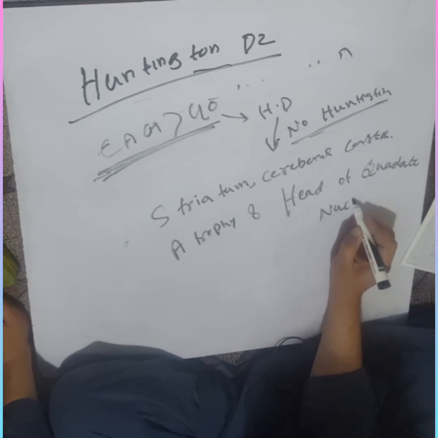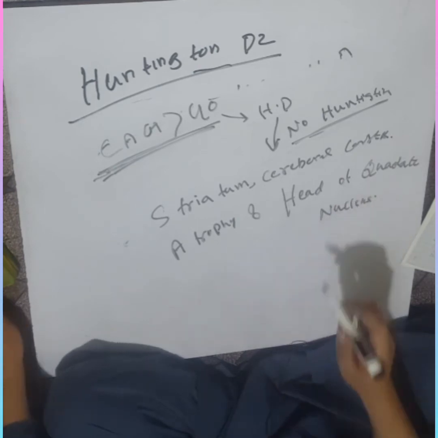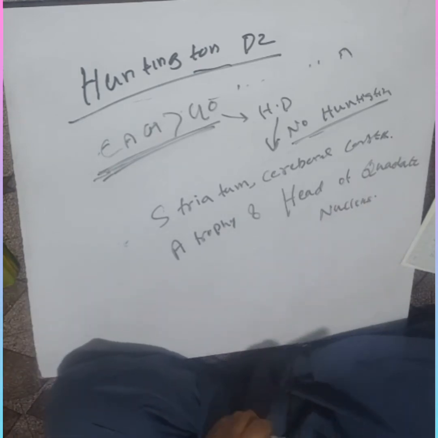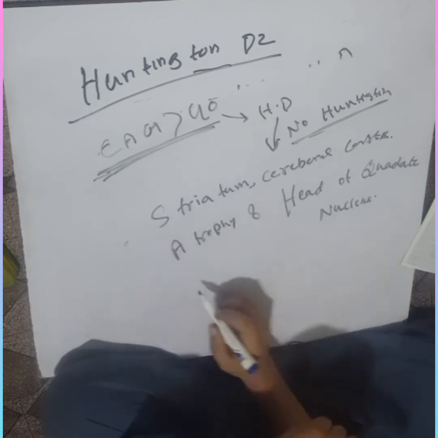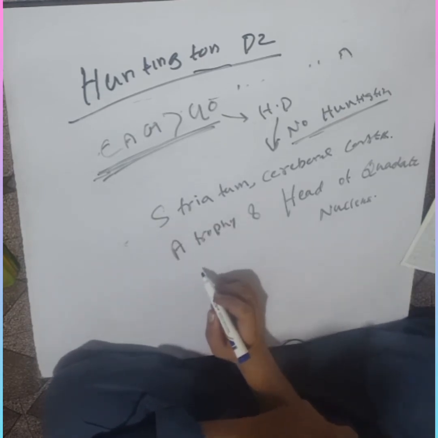There is atrophy of the head of the caudate nucleus, and there is also atrophy of the lateral ventricle.